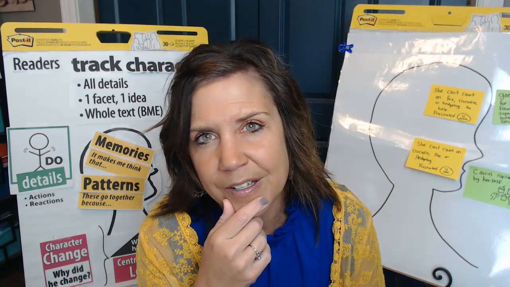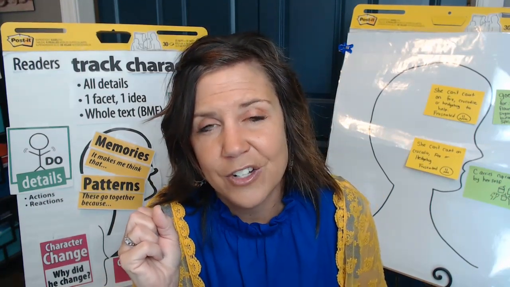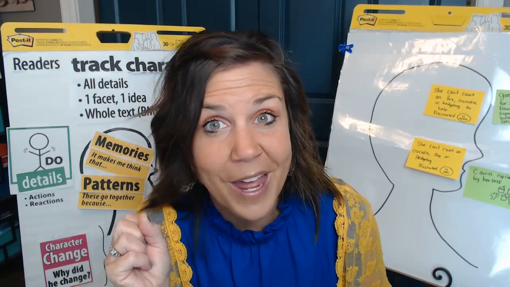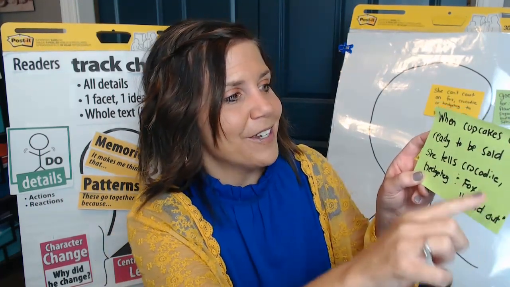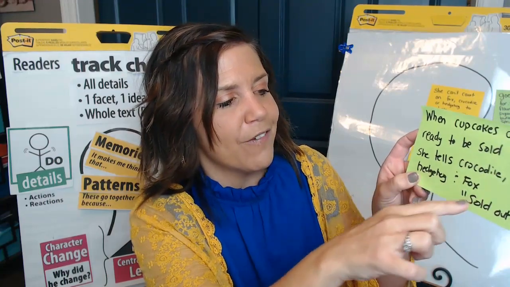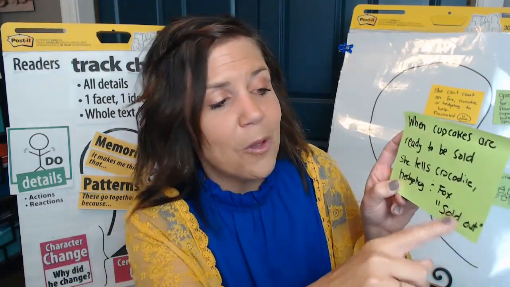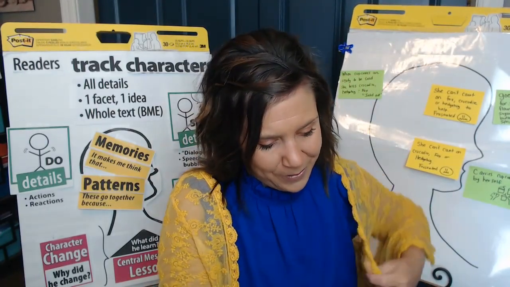The end of the story. When they came running towards the truck for a cupcake, did she say, "Sold out. I'm sorry," right? Sold out. When they were ready to be sold, she tells crocodile, hedgehog, and fox, "I'm sorry, sold out." And we don't really think that she was sold out, do we?